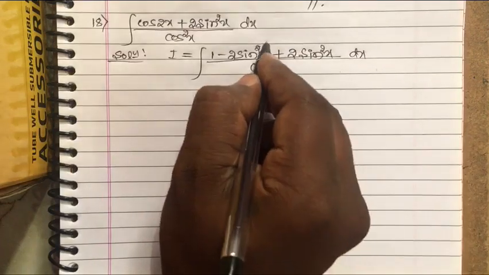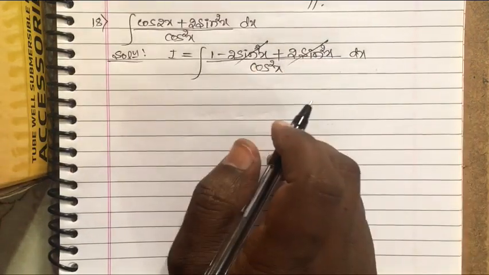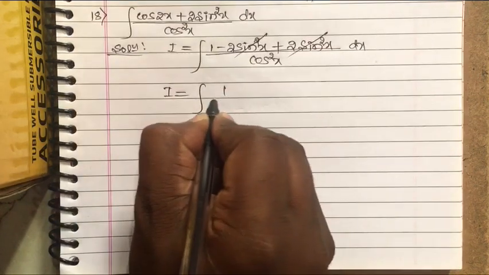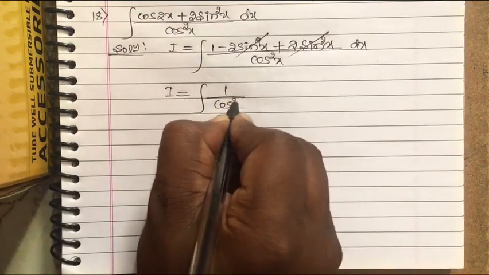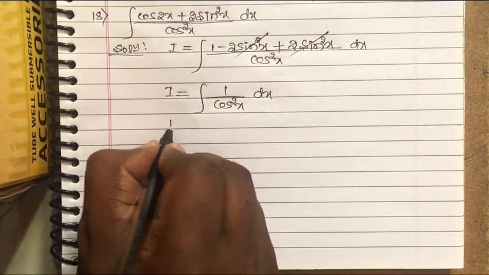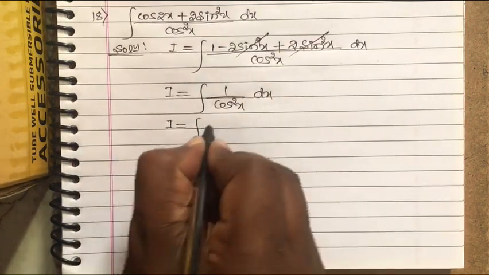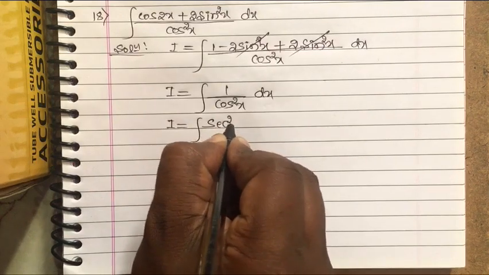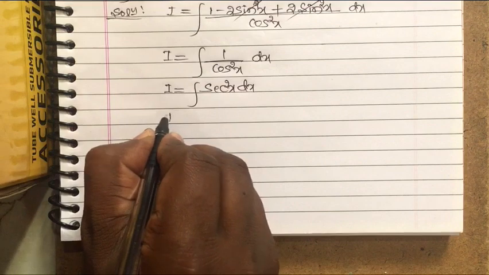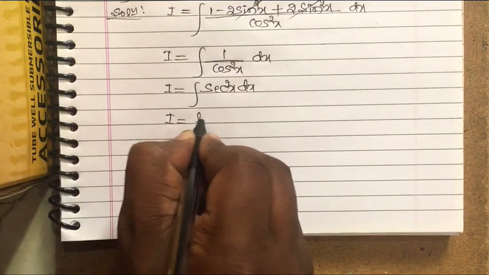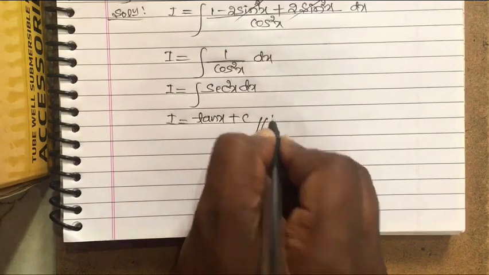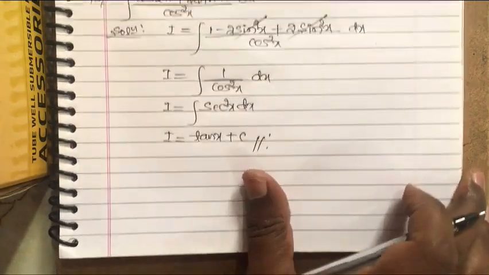Here minus 2 sin square x and plus 2 sin square x cancel. I equals integral of 1 by cos square x dx. What is 1 by cos square x? It is secant square x, so integral of secant square x dx. The integration of secant square x is tan x plus c. So this is all about the 18th problem.